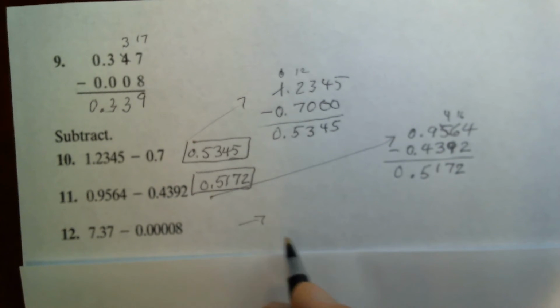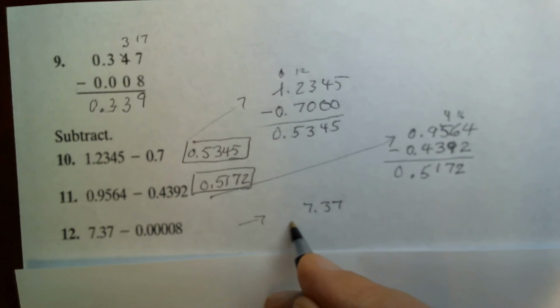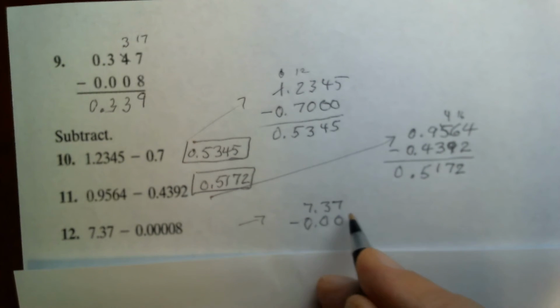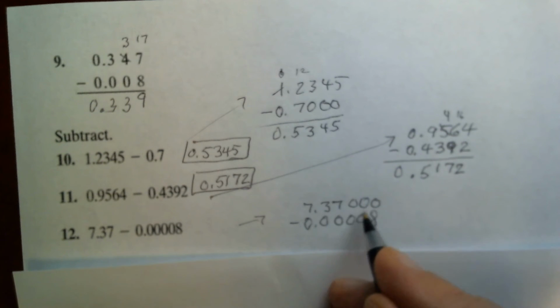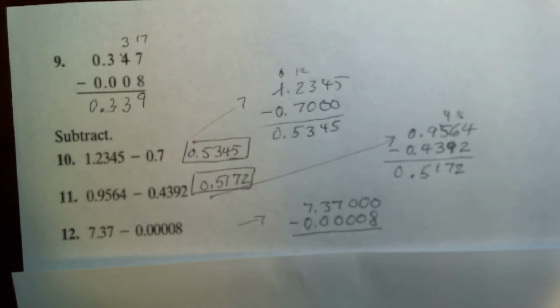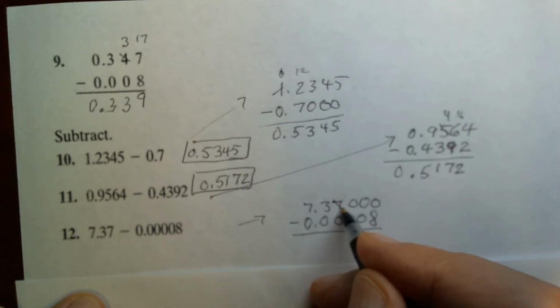Number 12, let's arrange this vertically. 7.37 minus 0.00008. So here we have a total of 5 decimals, so here we need to add some zeros. So here we need to borrow from a 7, it becomes a 6.